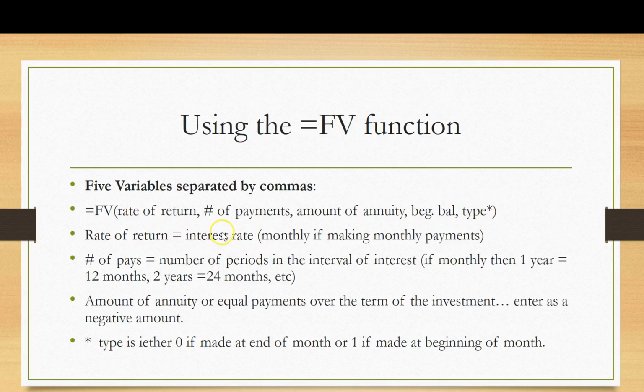The rate of return is the interest rate, which needs to be expressed in monthly terms if you're making monthly payments, as we're doing in our example. And the number of payments equals the number of periods in the interval of interest, or the time period that you're talking about. So if we're making monthly payments, then 1 year would be equivalent to 12 months, 2 years would be equivalent to 24 months, etc.